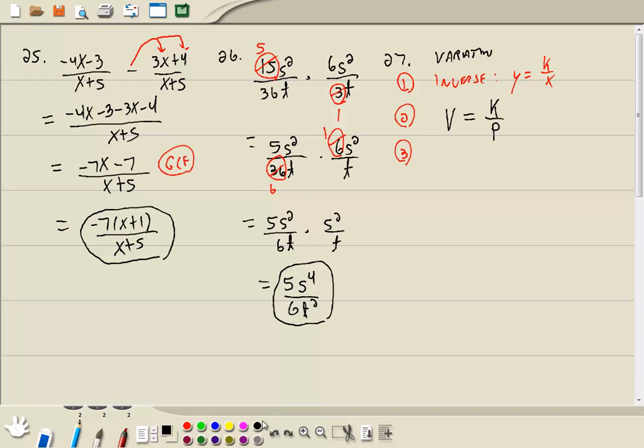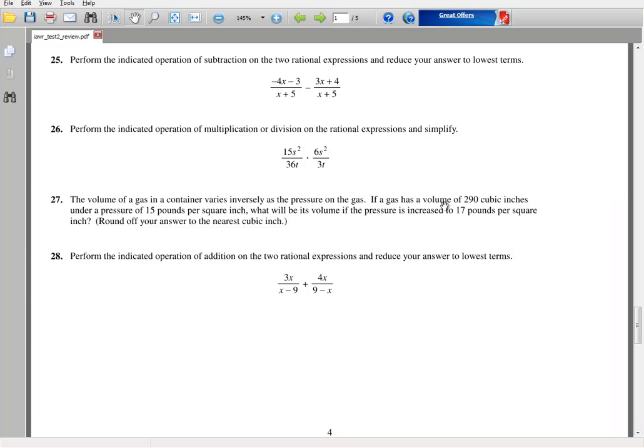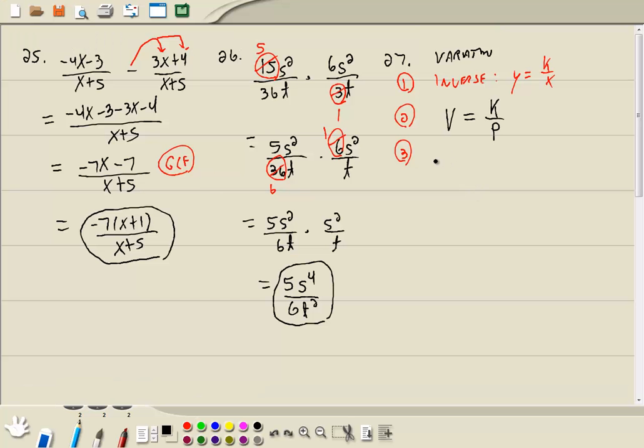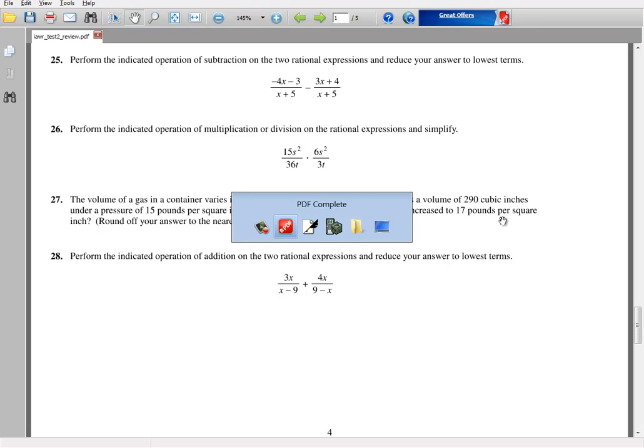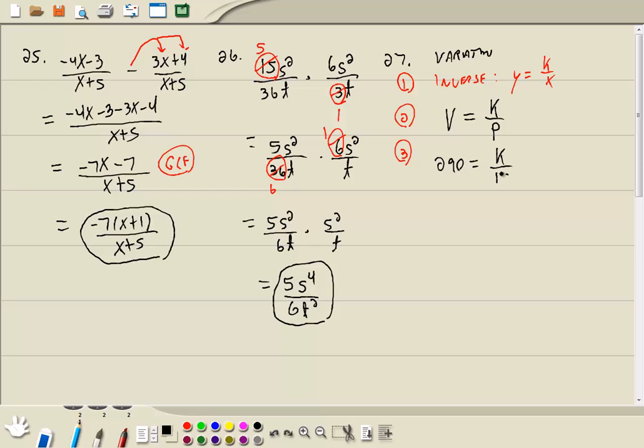Step 3, look for your one example. If a gas had a volume of 290, under a pressure of 15, so P would be 15.